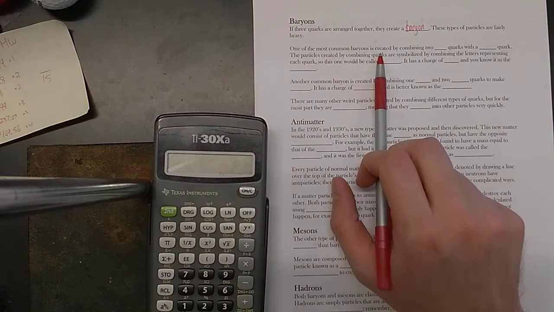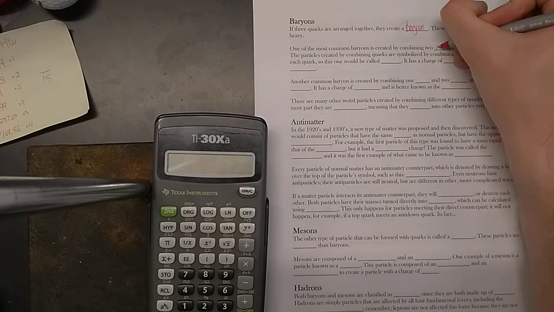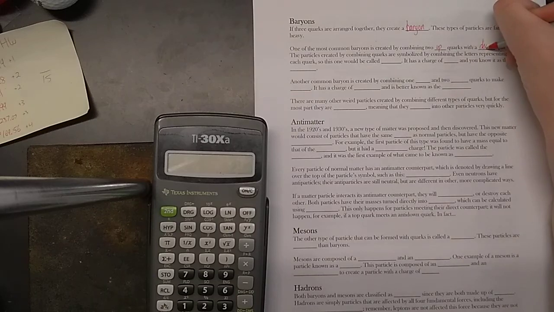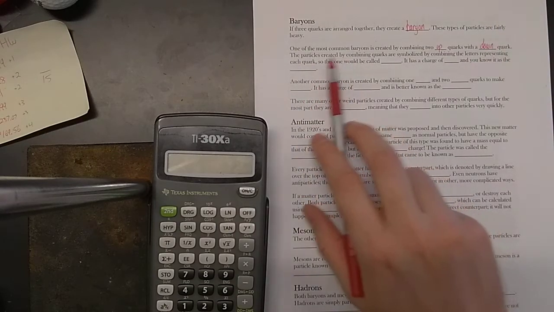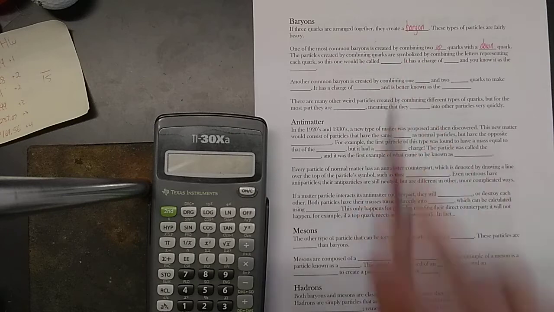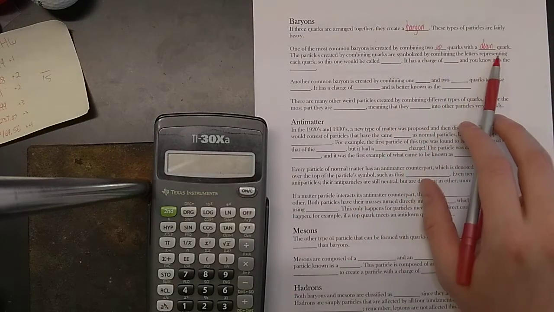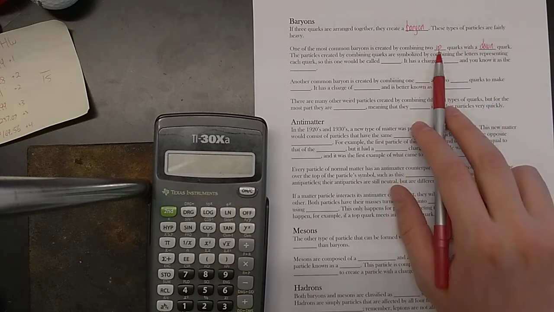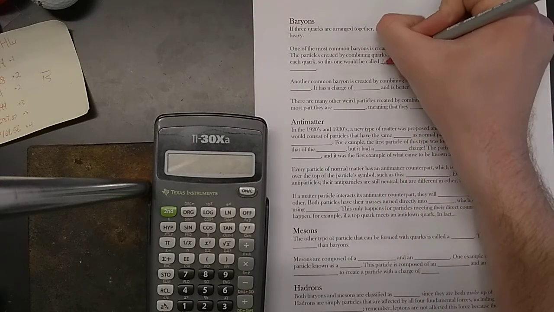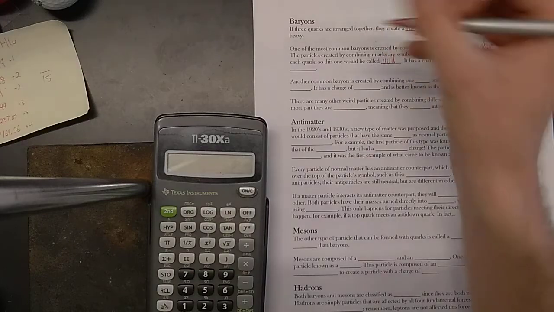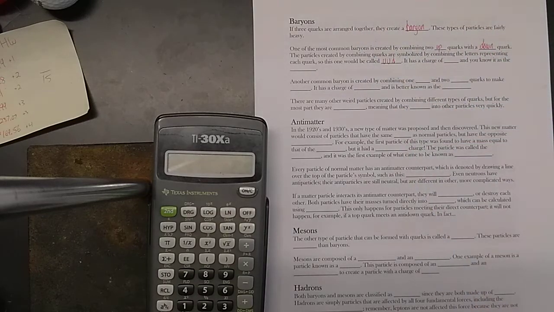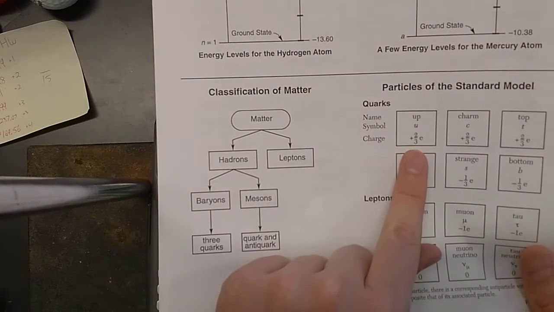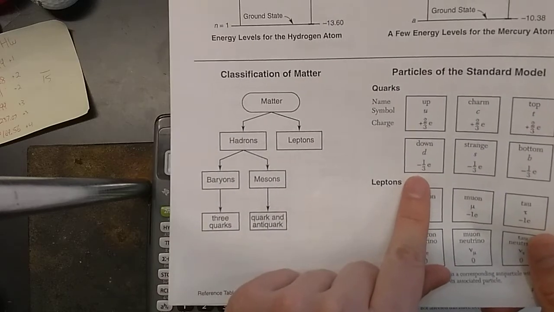One of the most common baryons is created by taking 2 up quarks and combining them with a down quark. When you create particles using quarks, you symbolize what particle you've created by combining the letters that represent each quark. So up quarks are represented by U, down quarks by D. If you have 2 up quarks and a down quark, then you have U, U, D. What would the charge of this be? Well, an up quark has a charge of positive 2/3 e, a down quark has a charge of negative 1/3 e.